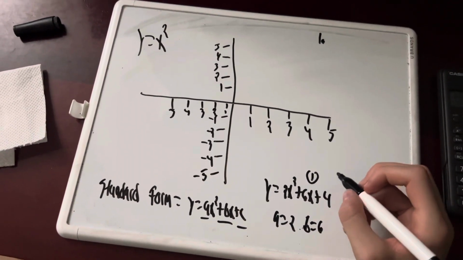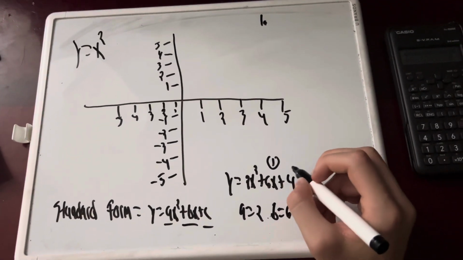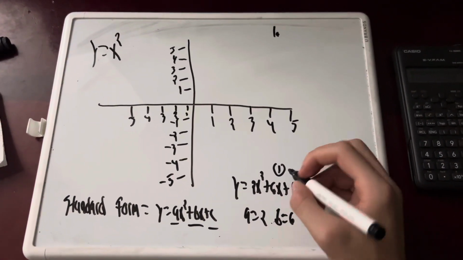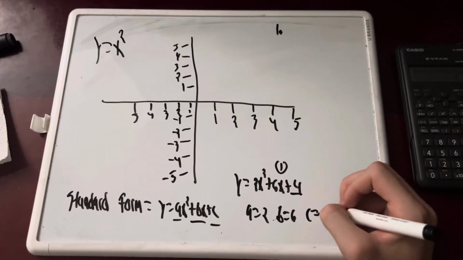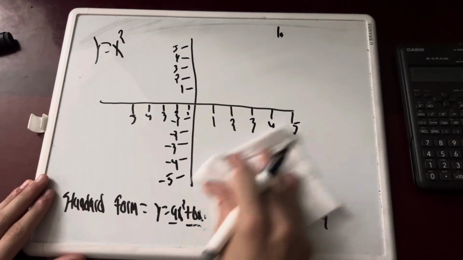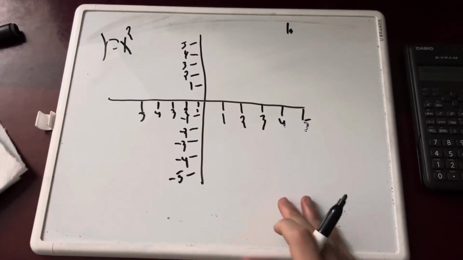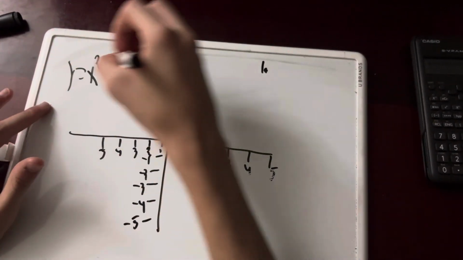And our constant, the number without any variable, is 4, meaning that c equals 4, right? We need to know how to distinguish these.